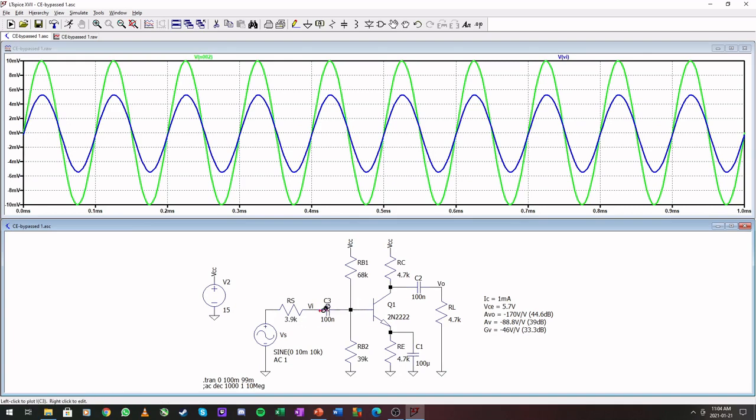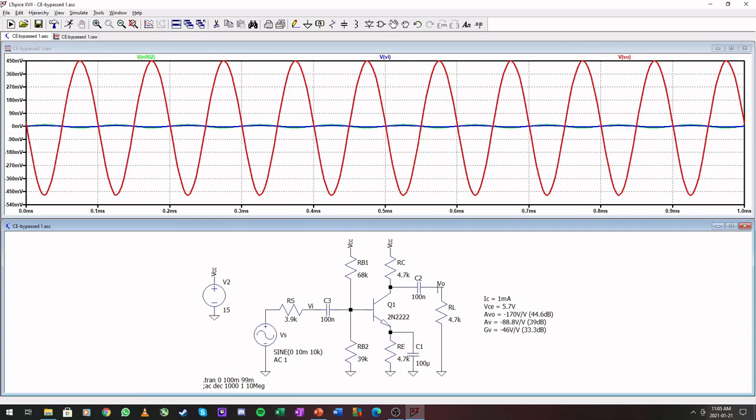Okay, so we can see that we have that input loading already, and at our output we have a very large signal, but as you can see, these two signals are 180 degrees out of phase, so that is our inverting part.